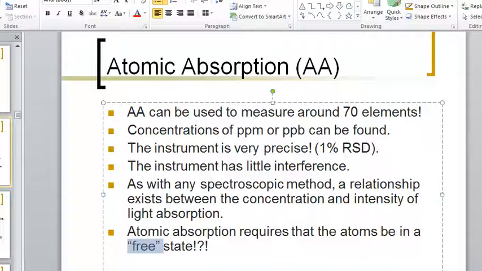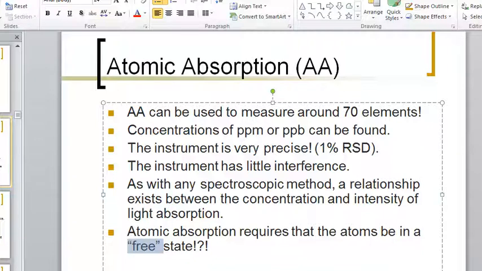If lead is attached in any form or fashion to another molecule, and it's not freely floating in solution, but attached to something else, there's a chance that the AA will not see that particular lead because it's not going to absorb the light. In order for this process to work, these have to be freed atoms.